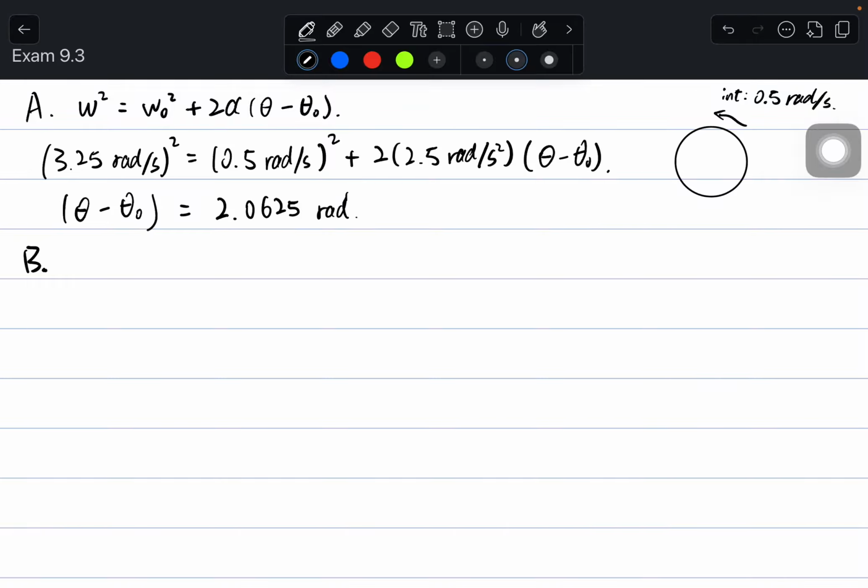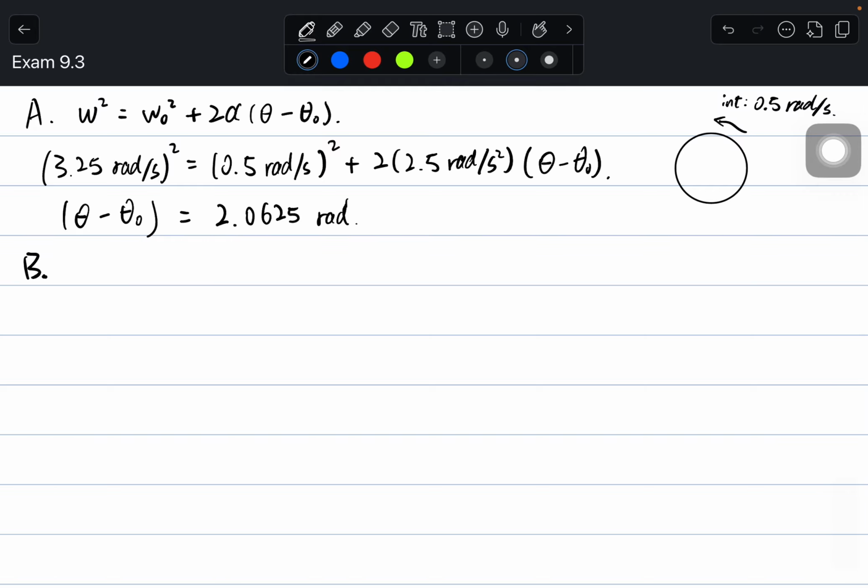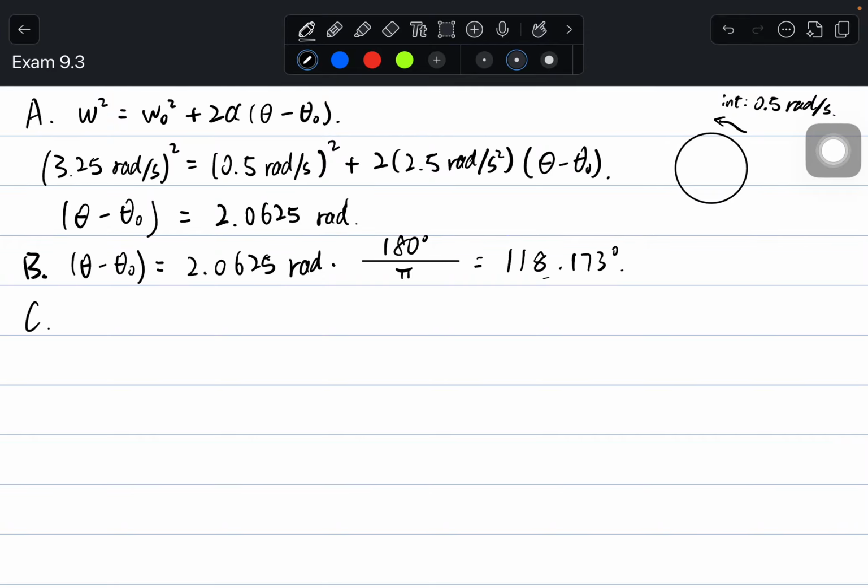To get an angle in degrees from radians, we just use the angle in degrees equals the radians, which is 2.0625 rad, times 180 degrees over pi, and we got 118.173 degrees.